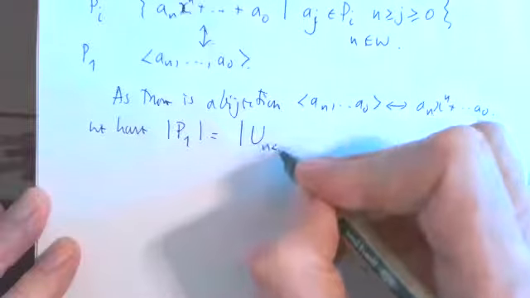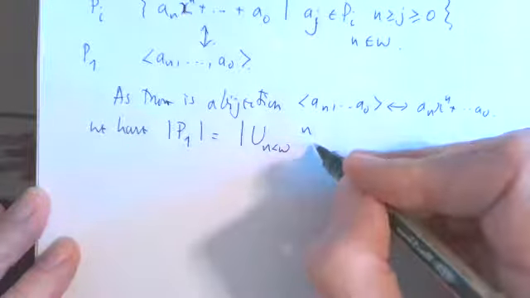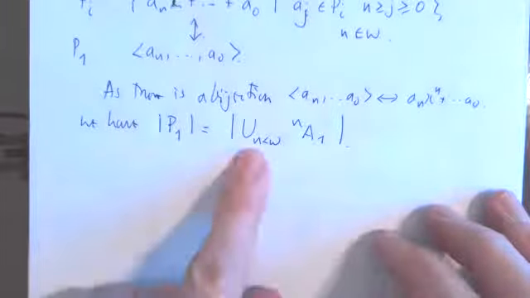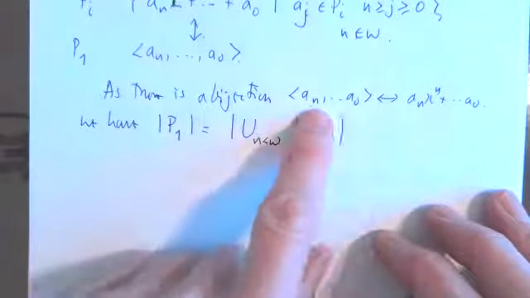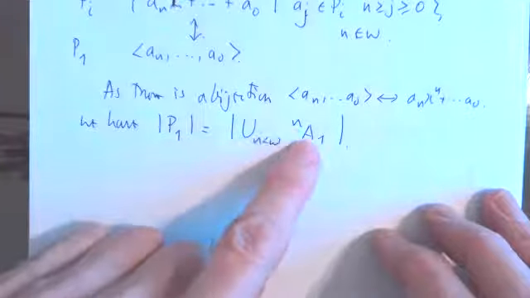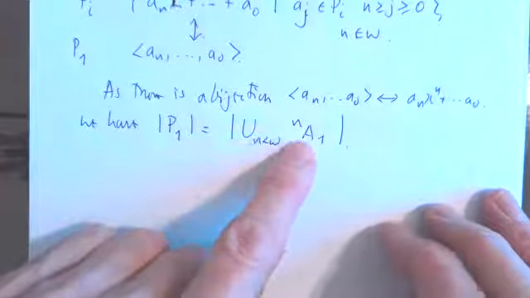So this is the cardinality of the collection, for all n in omega, of the collection of functions from n into A1. We vary n because we're not talking about fixed degrees here.